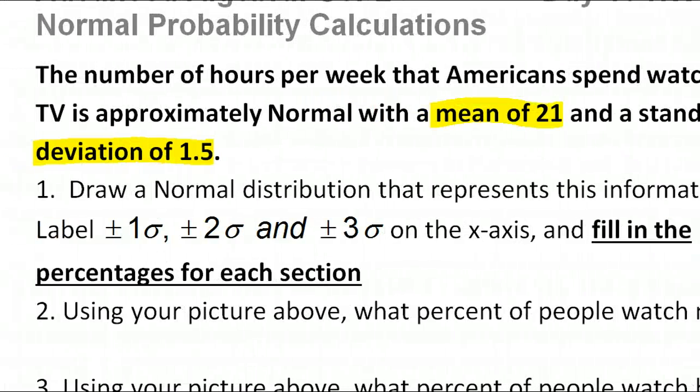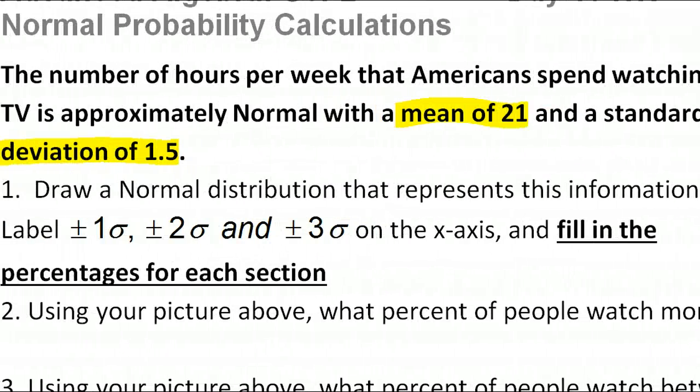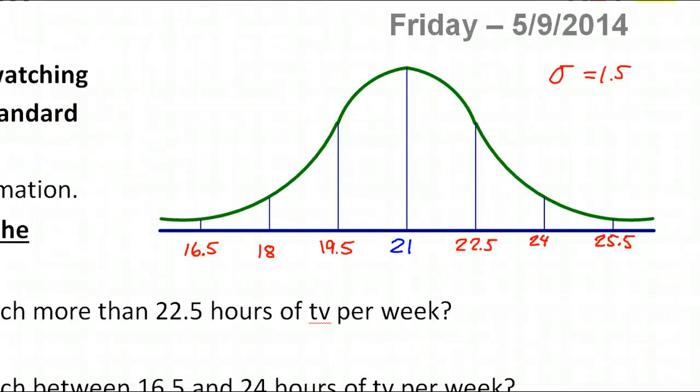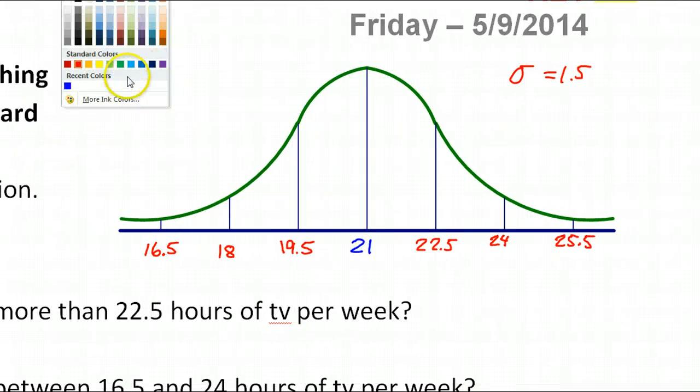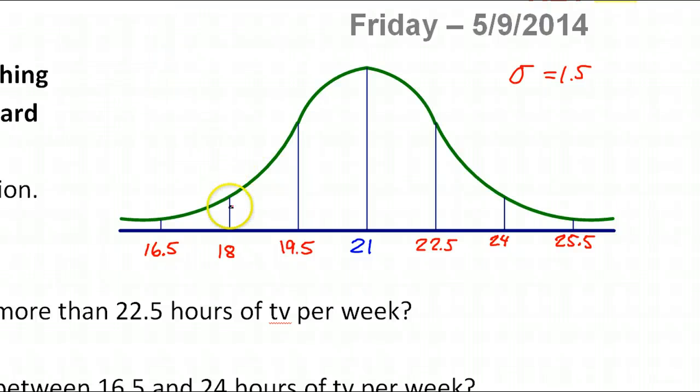Okay, so problem number 1, oh yeah, fill in the percentages. So let's go ahead and do that. Okay, so like I started showing you before, we learned that this section was 34% and this was 13.5% and this was 2.35% and this is 0.15%.